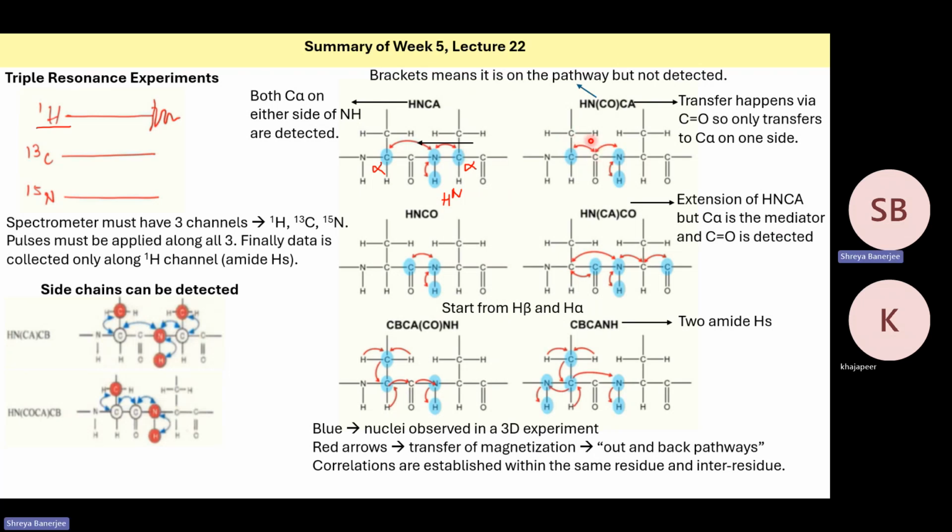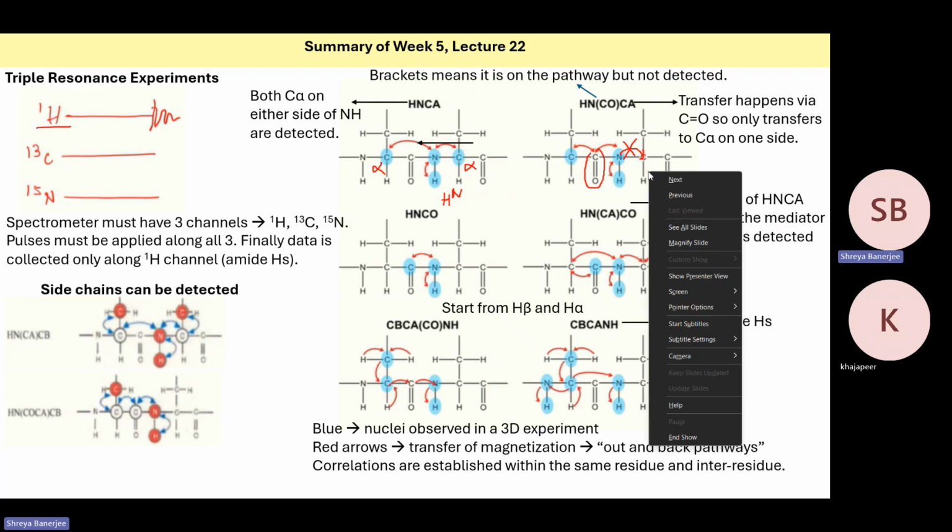Now, because this experiment is using the carbonyl as a mediator, it cannot transfer here. This transfer is not possible because there is no carbonyl here. This particular example requires a carbonyl group to enable the transfer, and so it only transfers to the C alpha of the previous residue.